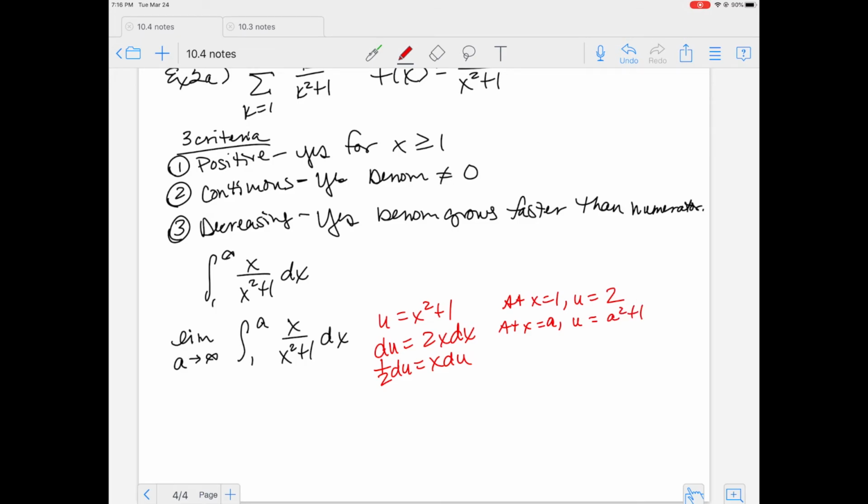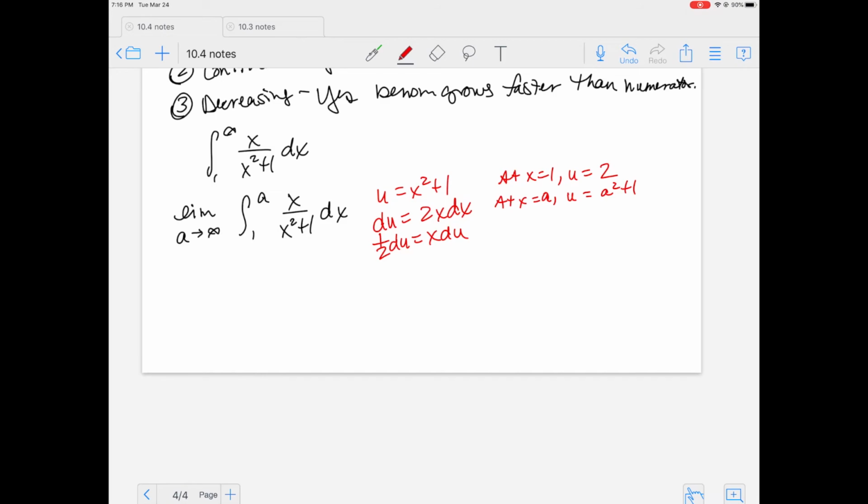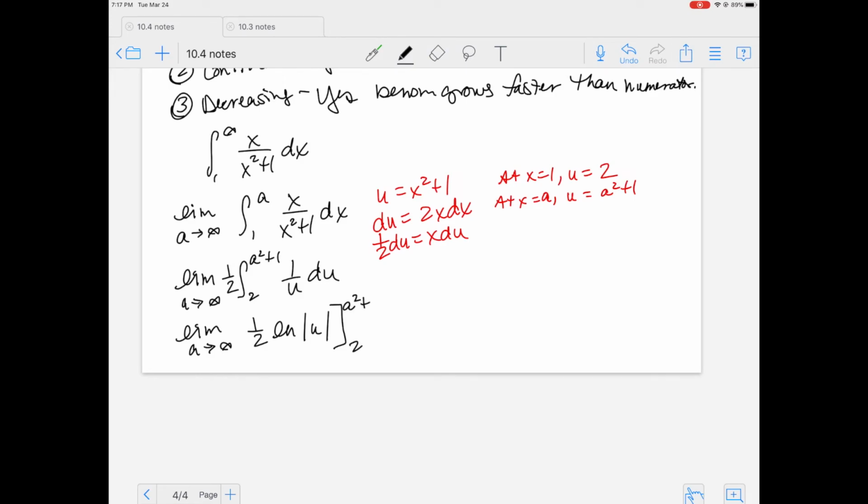So let's plug it all in. I'm going to scoot this up a little. I'm going to now integrate my limit as a approaches infinity from 2 to a squared plus 1 of, oops, I almost forgot my 1/2 in front, of 1 over u du. So I have my limit as a approaches infinity of 1/2 natural log of u evaluated from 2 to a squared plus 1.